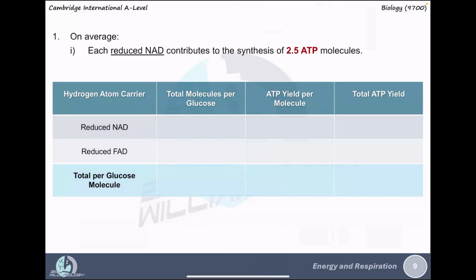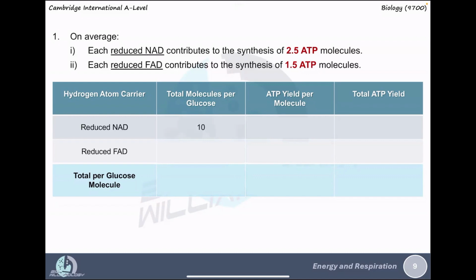So on average, each reduced NAD contributes to a synthesis of 2.5 ATP molecules, and reduced FAD contributes to the synthesis of 1.5 ATP molecules. So by a simple calculation, we know that there is a total of 10 reduced NAD produced through the oxidation of glucose.